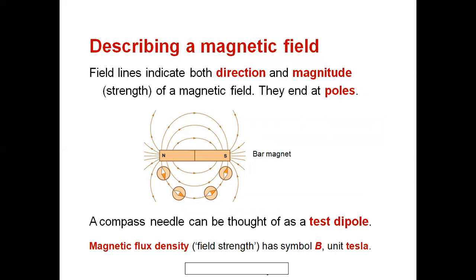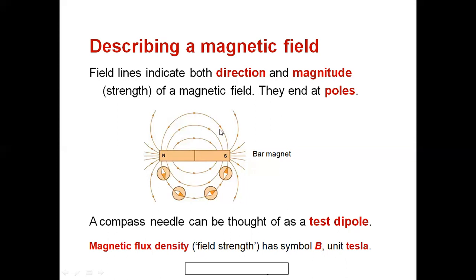In other words, the magnetic lines of force originate from the north pole and terminate at the south pole externally, and internally the magnetic lines of force travel from south pole to north pole, forming a closed loop. So a number of closed loops are formed due to the magnetic lines of force.